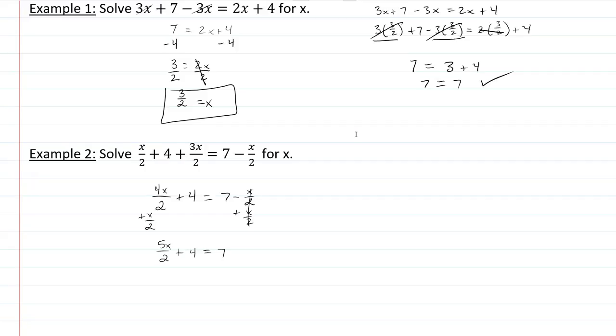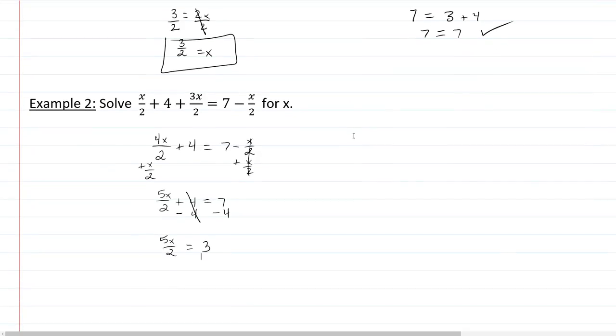Now we want to get the x term by itself, so we subtract 4 from both sides. And the 4's cancel. We get 5x over 2 equals 3, because 7 minus 4 is 3. Now here's the tricky part, and we can go about this in multiple ways. What I like to do is to multiply by 2 first on both sides. This effectively kills the fraction.